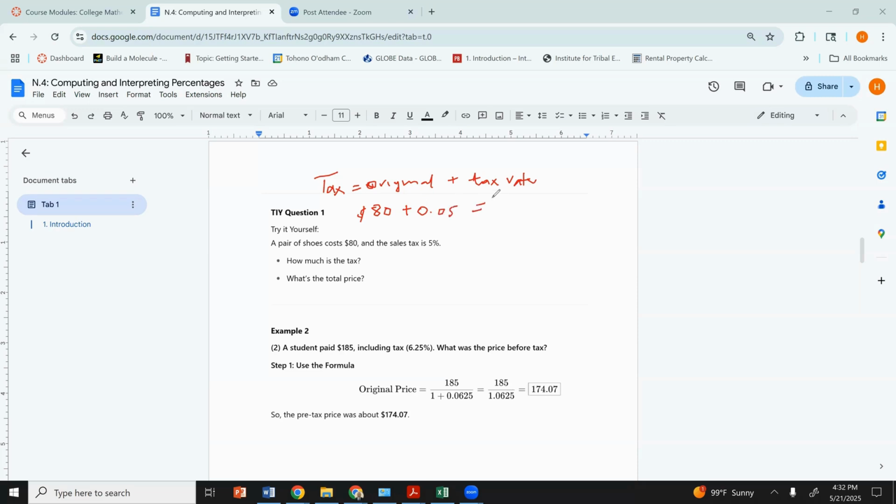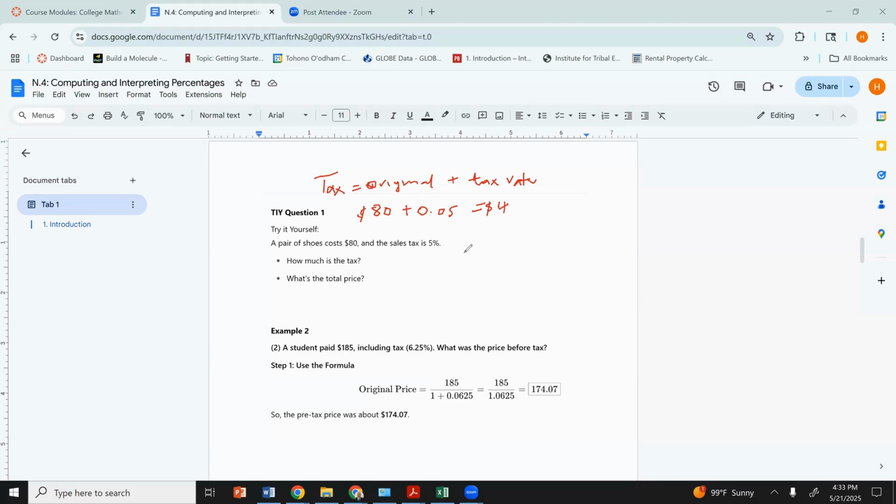Okay, so 0.05, that's your tax rate. If you multiply that by the original price, which is 80, then you will end up having $4. So now your tax is $4.